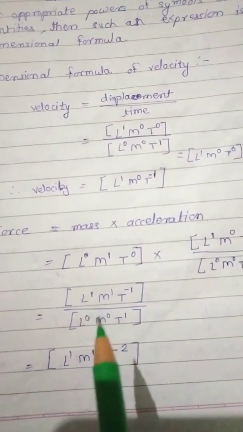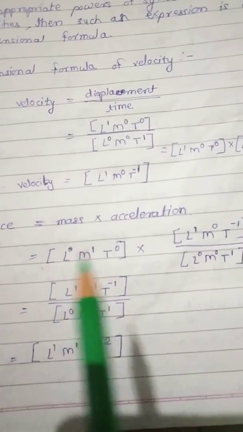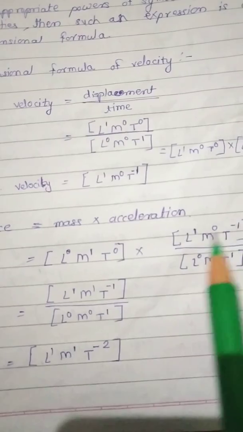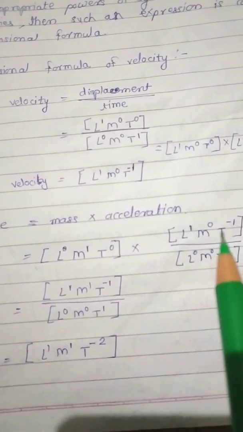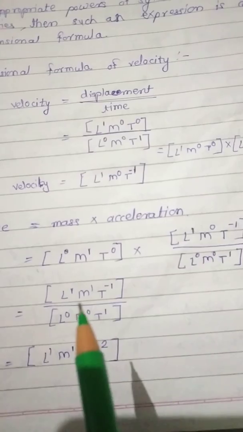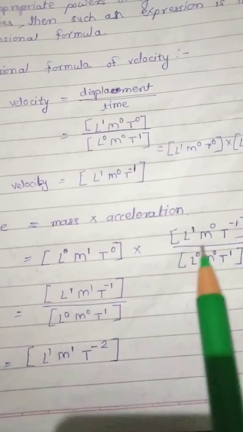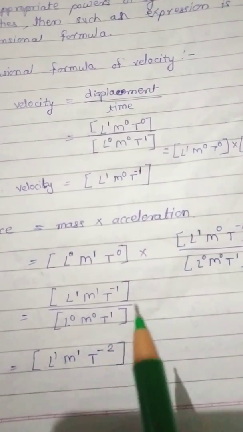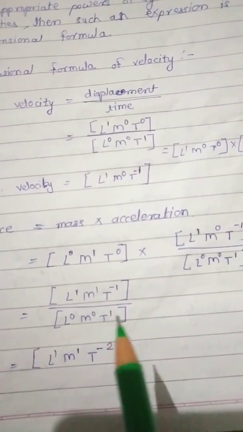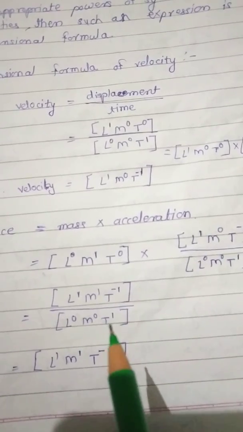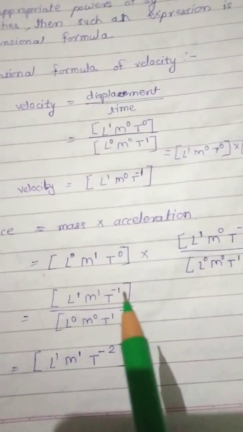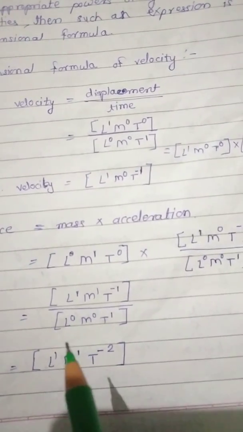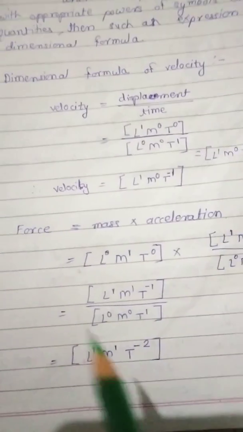Force is equal to, comparing L0 and L1, we get L1; M1 and M0, we get M1; T0 into T minus 1, we get T minus 1 upon L0 M0 T1. This T1 is inverted so we get minus 1, and minus 1 plus minus 1 gives minus 2. So L1 M1 T minus 2 is the dimension for force.